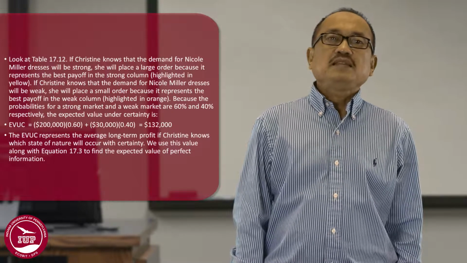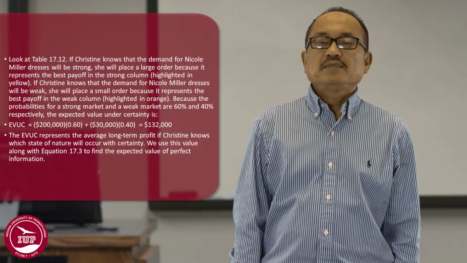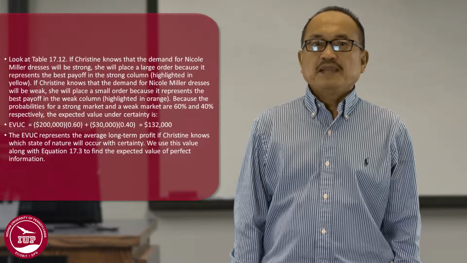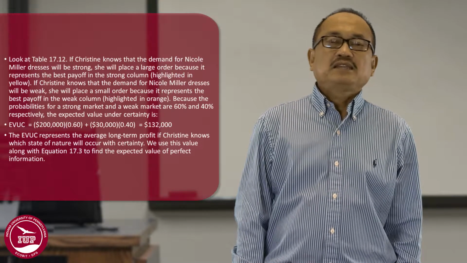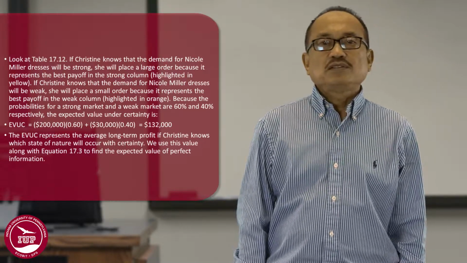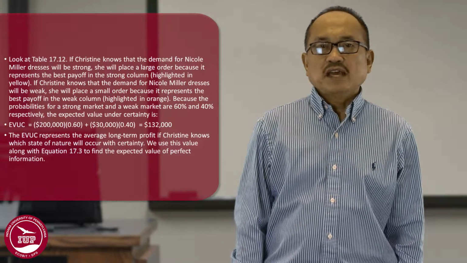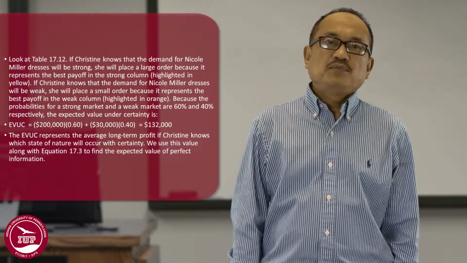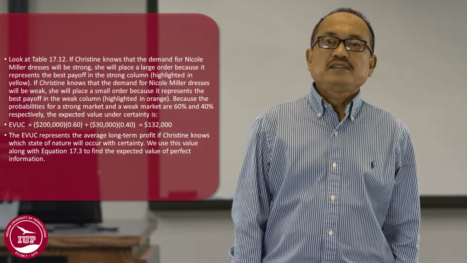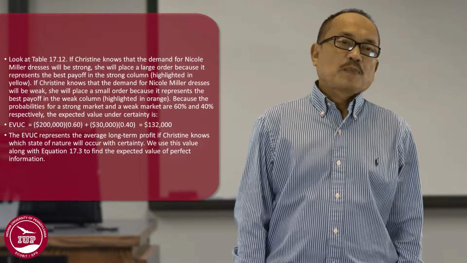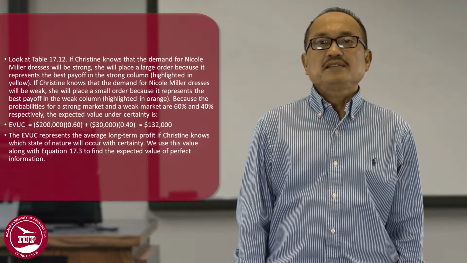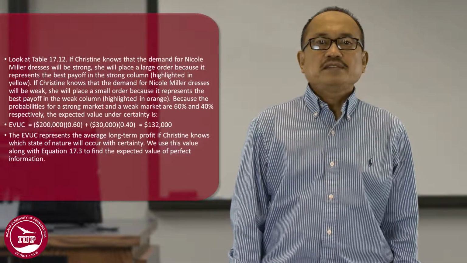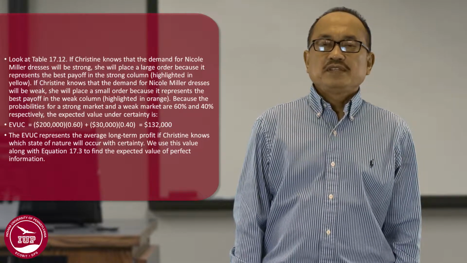Because the probabilities for a strong market and a weak market are 60% and 40% respectively, the expected value under certainty is EVUC equal to $200,000 times 60% plus $30,000 times 40% equal to $132,000. The EVUC represents the average long-term profit if Christine knows which state of nature will occur with certainty.